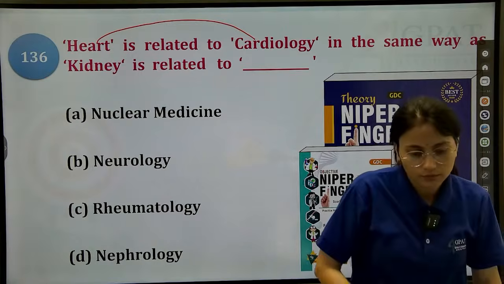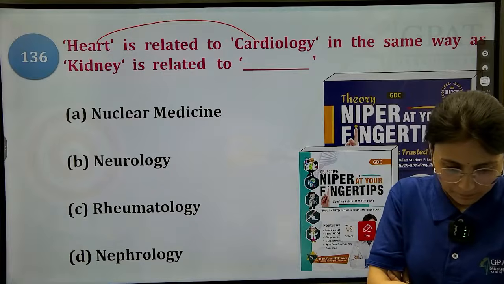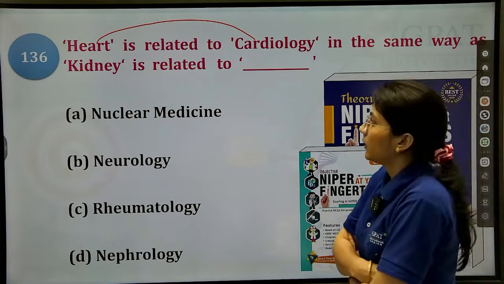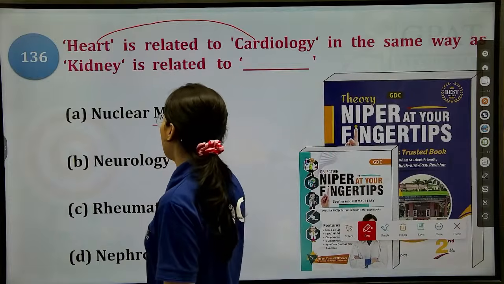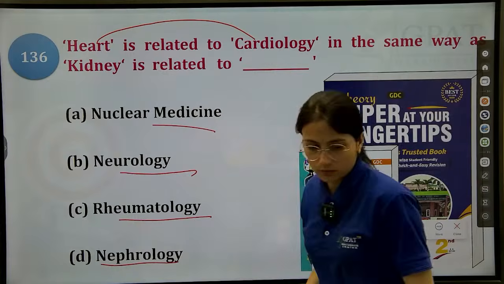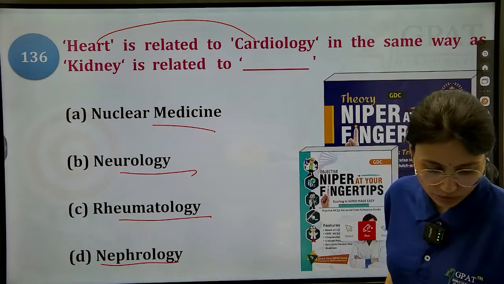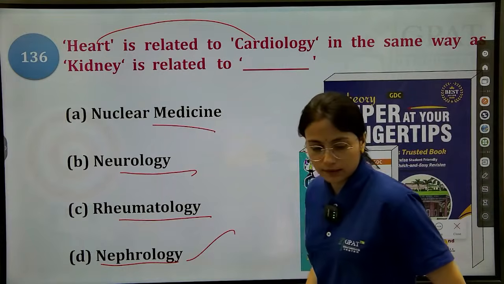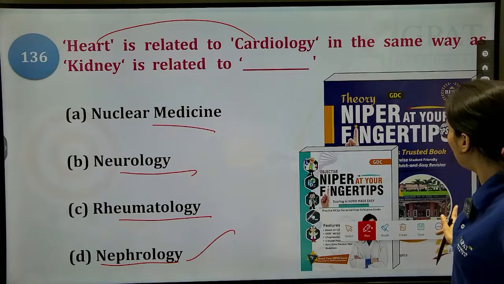Are you sure? Heart is related to cardiology, kidney is related to what? Nuclear medicine, neurology, rheumatology, nephrology. Yes, option D is correct. Vasundhara, very good. Nephrology.